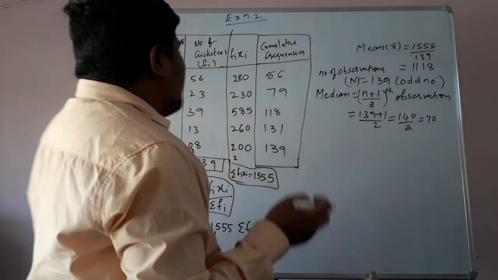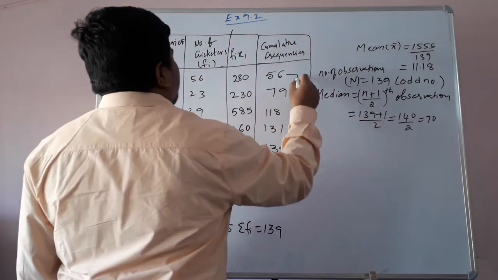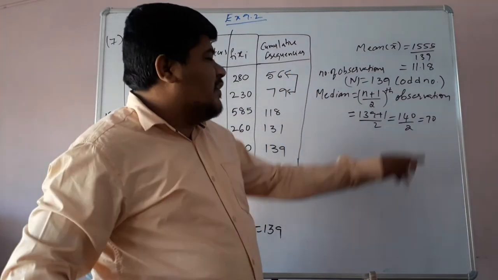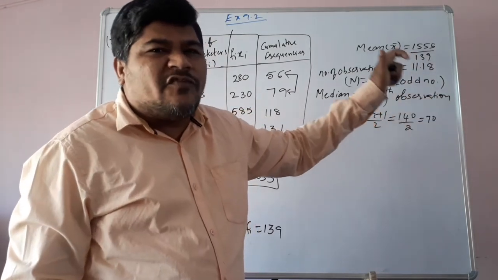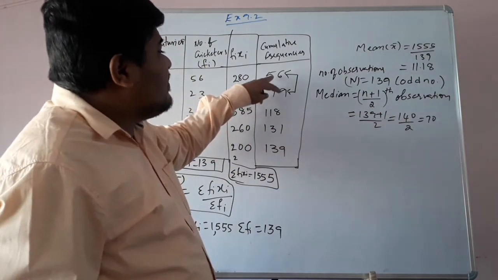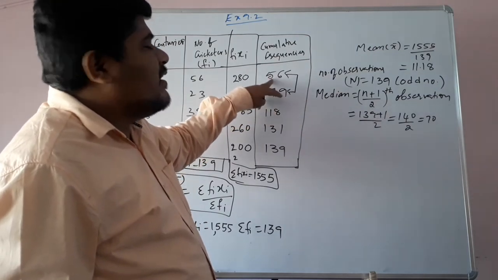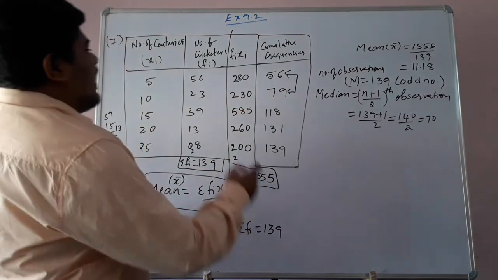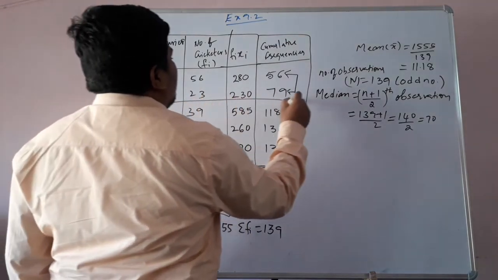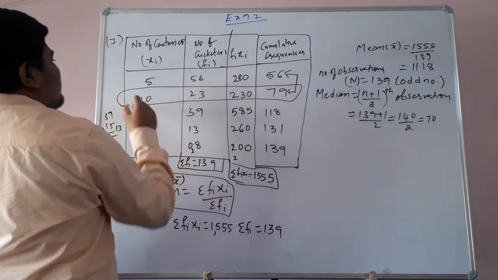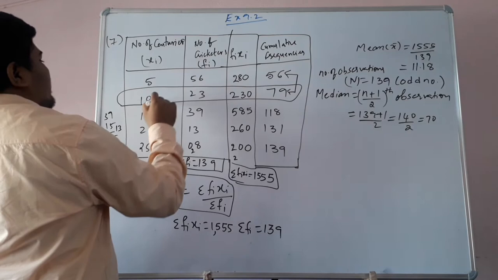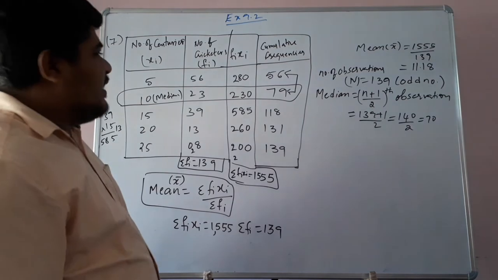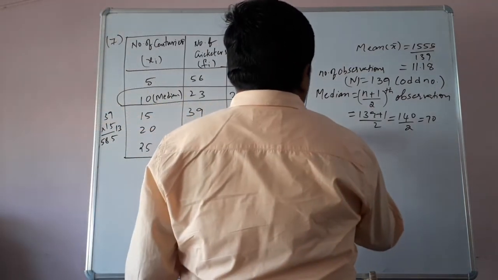We have to check between which two cumulative frequencies this value lies. 70 is between 56 and 79. The higher of these cumulative frequencies gives the median class, and its respective observation is the median.